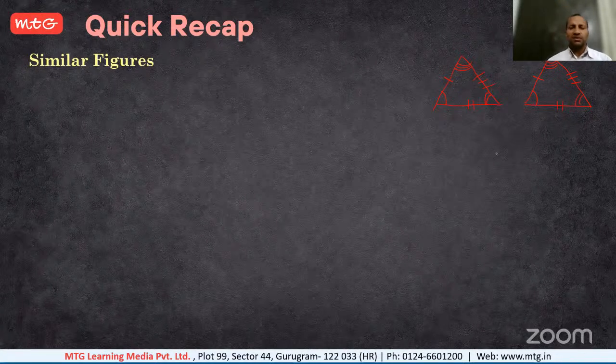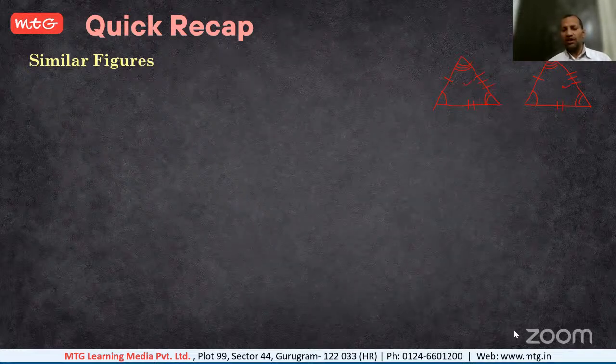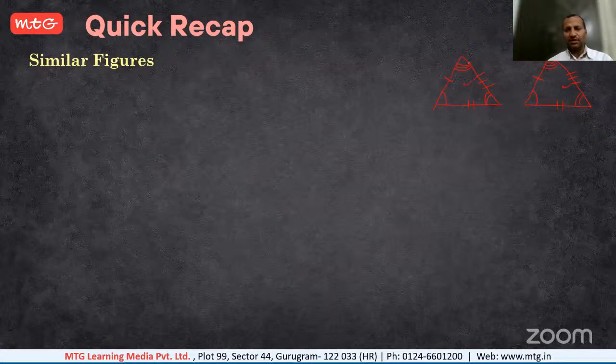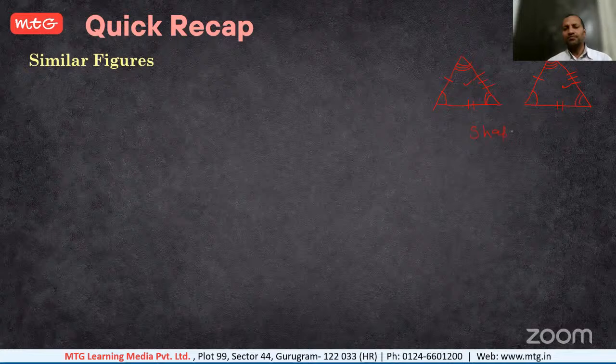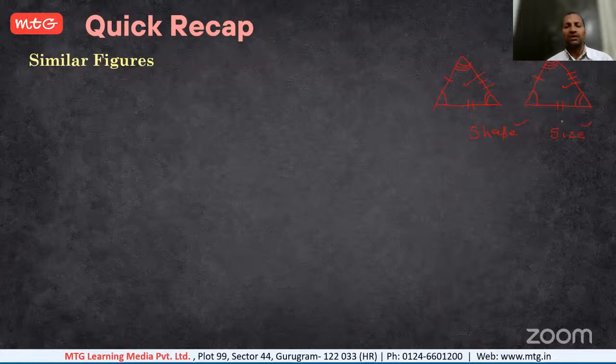In congruency, the shape of these two triangles is equal and their size is also equal. So both are equal, then it is congruent.